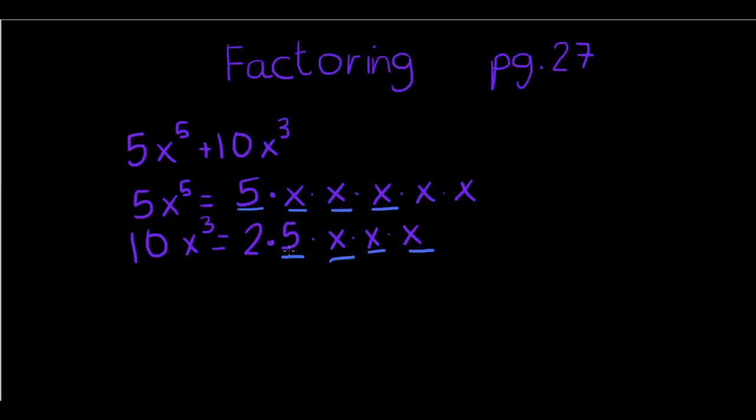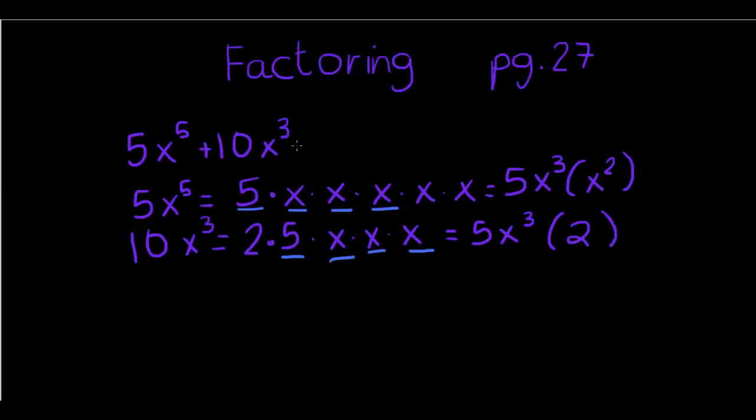It means that the greatest common factor is 5x to the power of 3. So when I take 5x to the power of 3 from 5x to the power of 5, I'm going to have 2 x's left. And when I take away 5x to the power of 3 from 10x to the power of 3, I will have a 2 left.